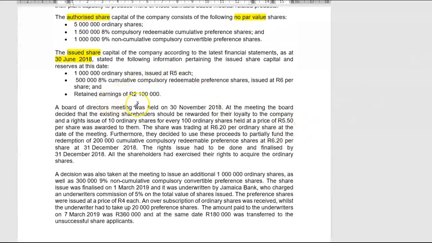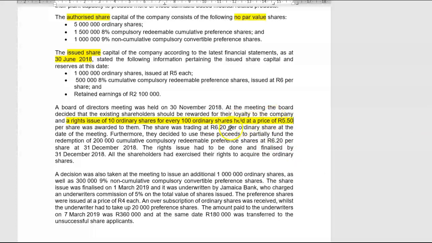At a board of directors meeting on 30 November 2018, the board decided that existing shareholders should be rewarded for their loyalty to the company, and a rights issue of 10 ordinary shares for every 100 ordinary shares is being done at a price of 5.50 Rand per share. The share was trading at that stage at 6.20 Rand per share.